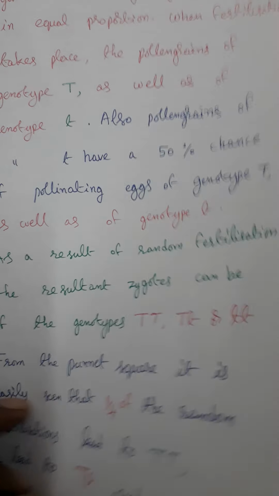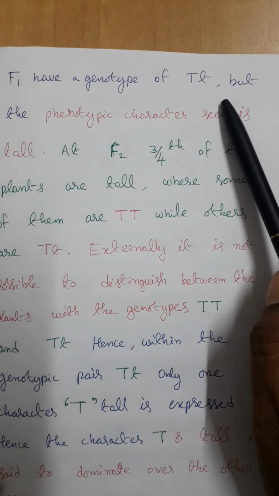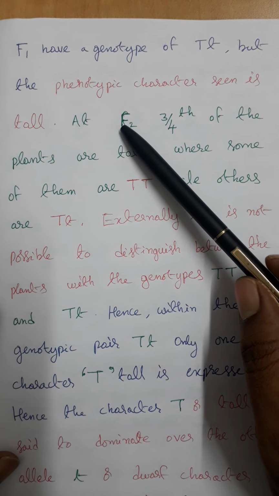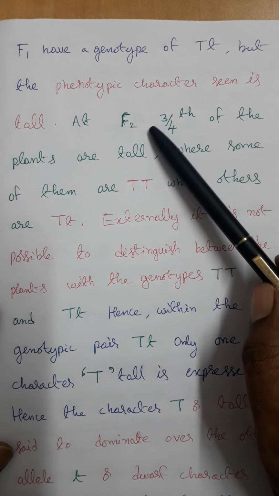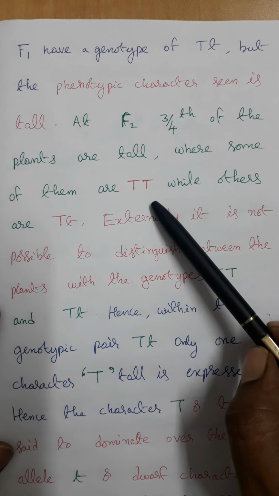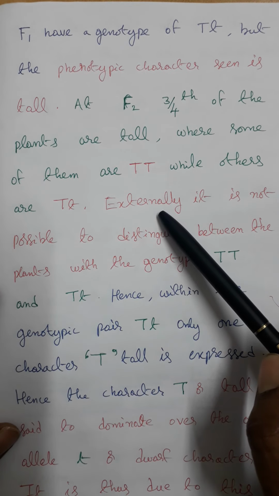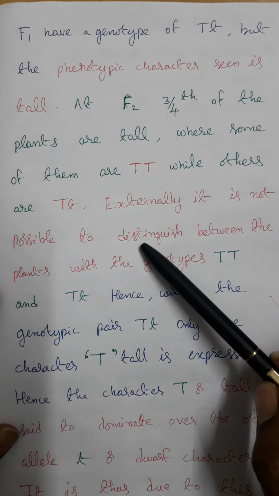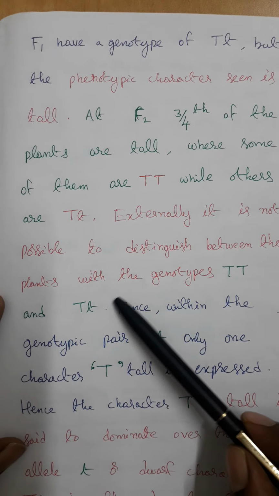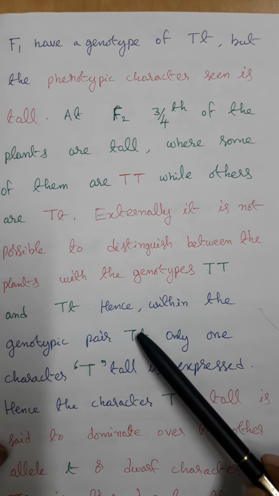Though the F1 have a genotype of capital T small t, the phenotypic character seen is tall. At the F2, three-fourths of the plants are tall, where some of them are capital T capital T, while others are capital T small t. Externally, it is not possible to distinguish between the plants with genotypes capital T capital T and capital T small t.